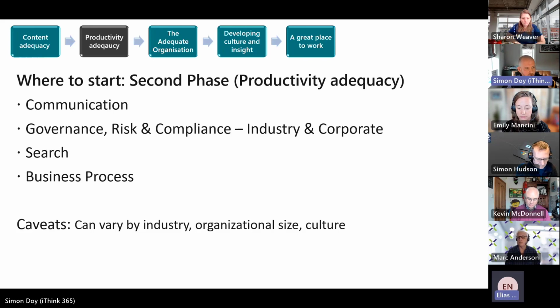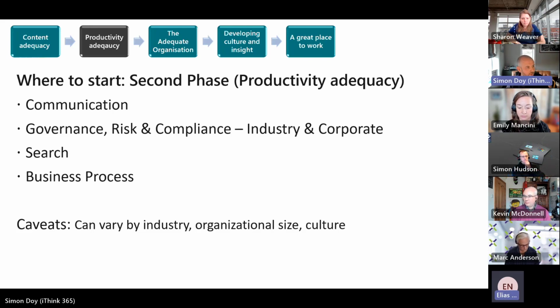How do we communicate what's going on in the organization across the organization, not just to people working in the office or working remotely, but also to those on the front line, working in the hospitals or in ports, who don't necessarily have a desk at home or in the office.